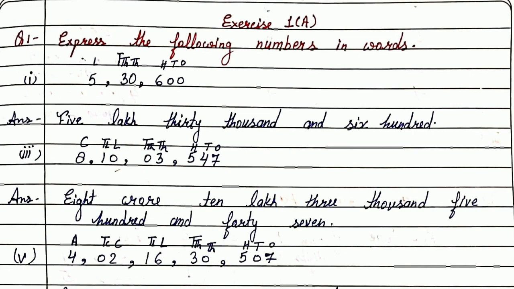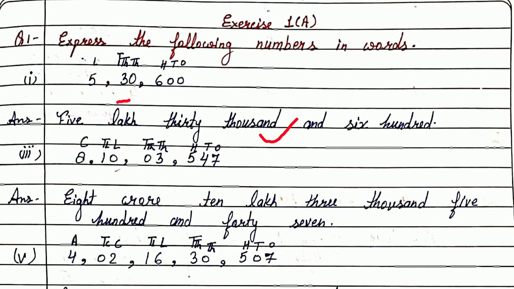Here in the first part, first we write all the digits and mention all the periods: ones, tens, 100, 1000, 10,000, lakhs, and put commas also according to the periods. Now see, 5 is coming in the lakhs period, so we will write 5 lakh. Then 3 is coming in the 10 lakh place, so we will write 30 lakh.